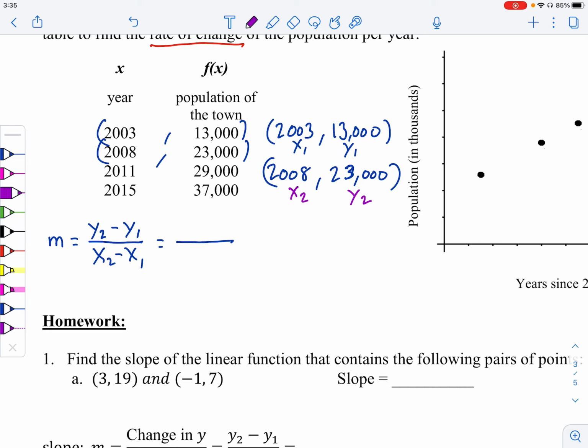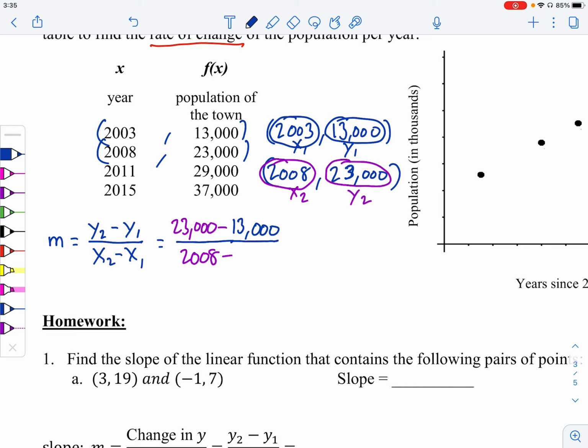And we fill in our numbers. So y2 is 23,000, subtract y1, which is 13,000, over x2, 2008, subtract x1, which is 2003.